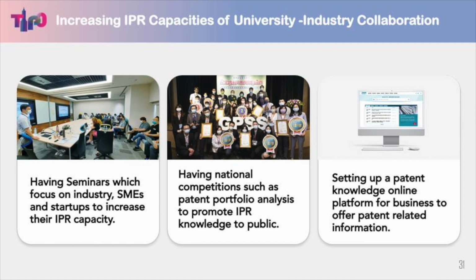For example, we have seminars which focus on industry, small and medium enterprises, and startups to increase their IPR capacity. Also, we have national competitions such as patent portfolio analysis to promote IPR knowledge to the public. And then we set up a patent knowledge online platform for business to offer patent-related information.